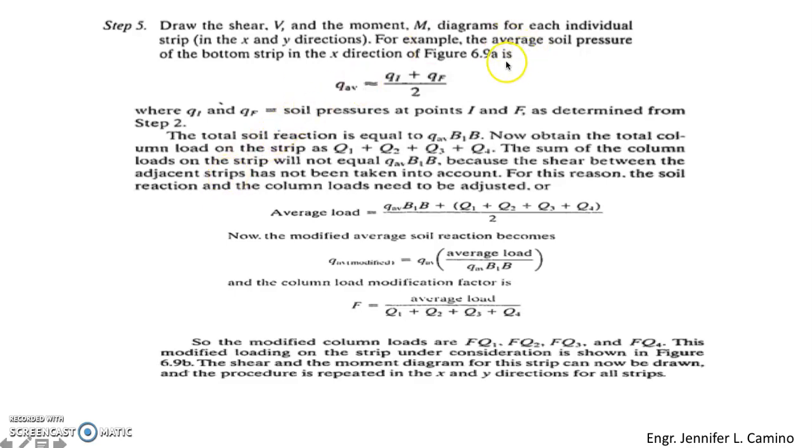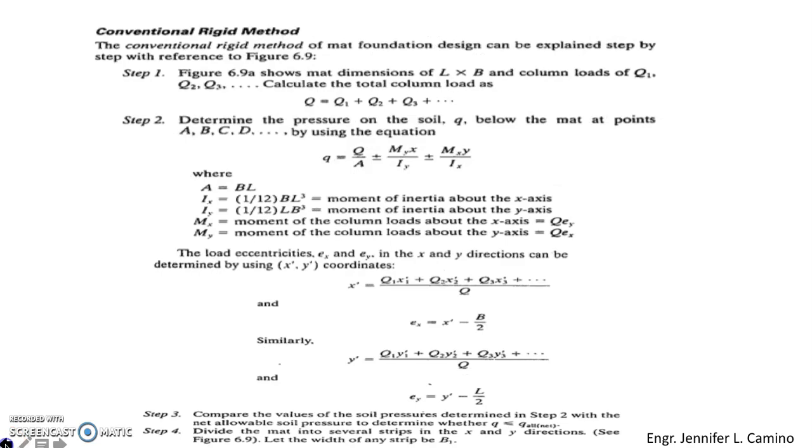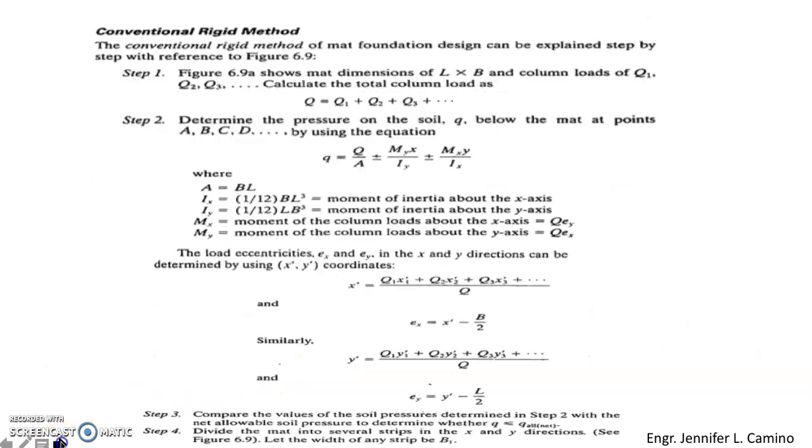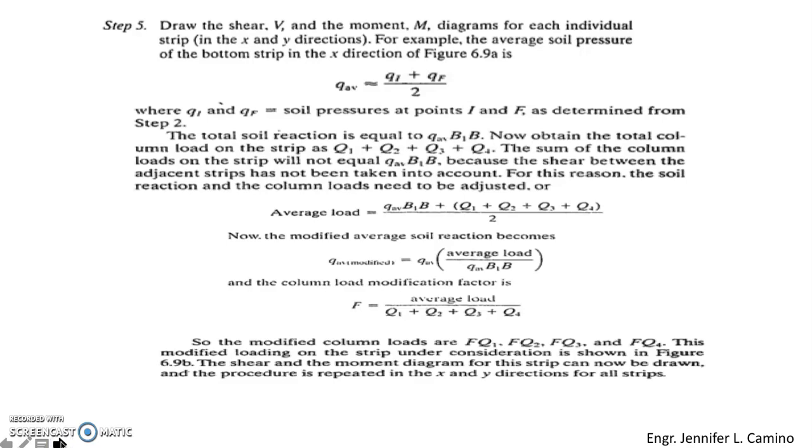Considering this one, you have I, H, G, and F. To compute the average soil pressure, that is equivalent to Q sub I plus Q sub F all over 2. Our Q sub I and Q sub F are the soil pressures at points I and F as determined from step number 2.